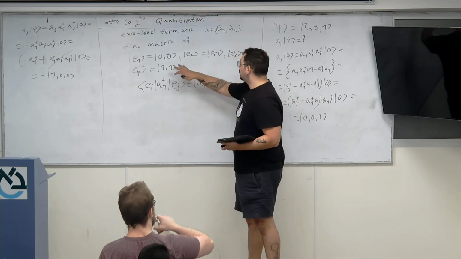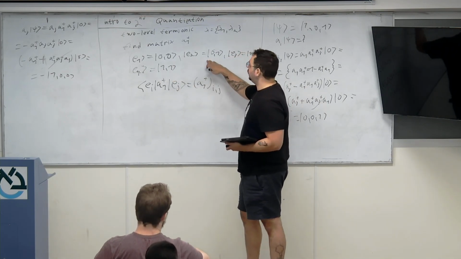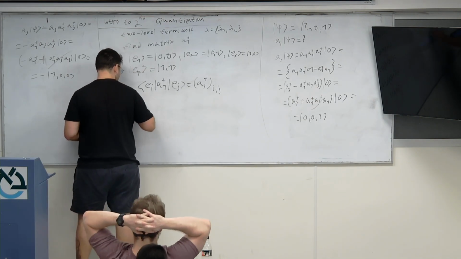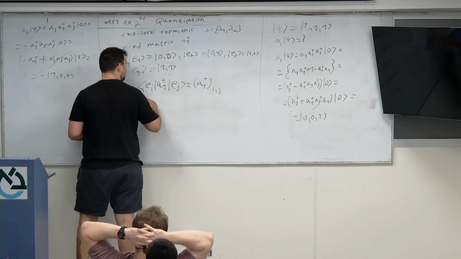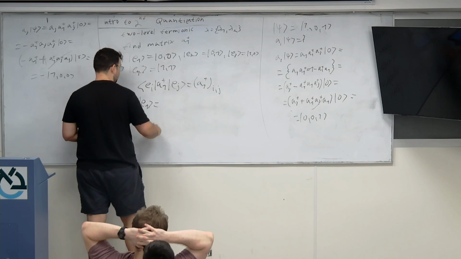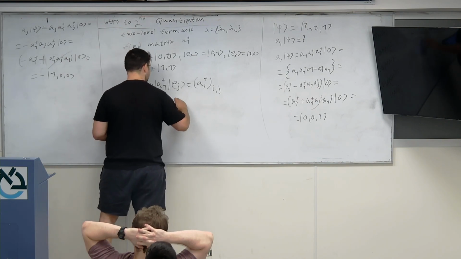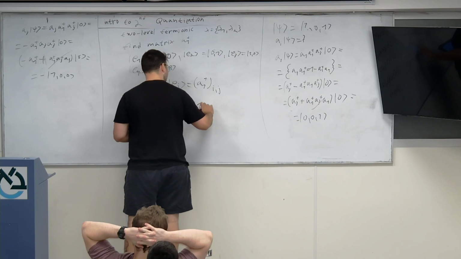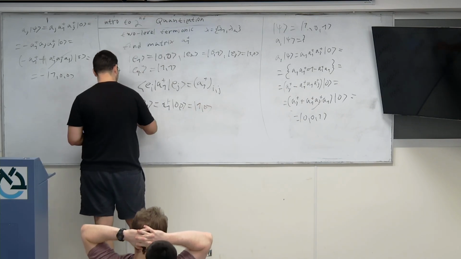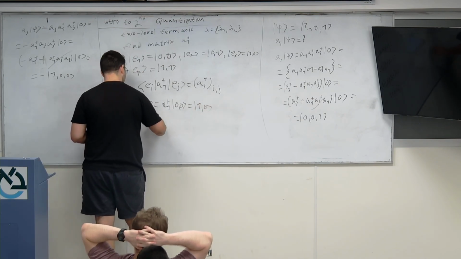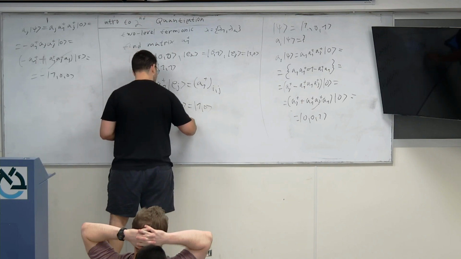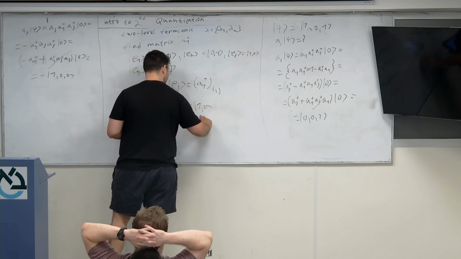Second, let's see what A1 dagger gives us on E1 and E2. A1 dagger E1 equals A1 dagger 0, 0, which equals 1, 0. A1 dagger E2, A1 dagger 0, 1, gives us 1, 1.